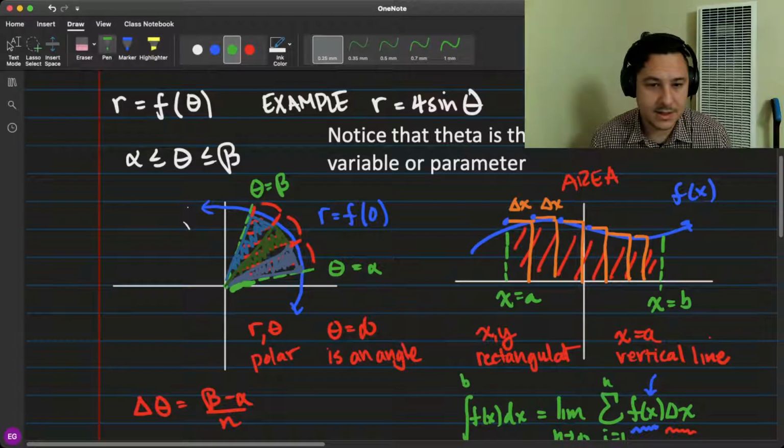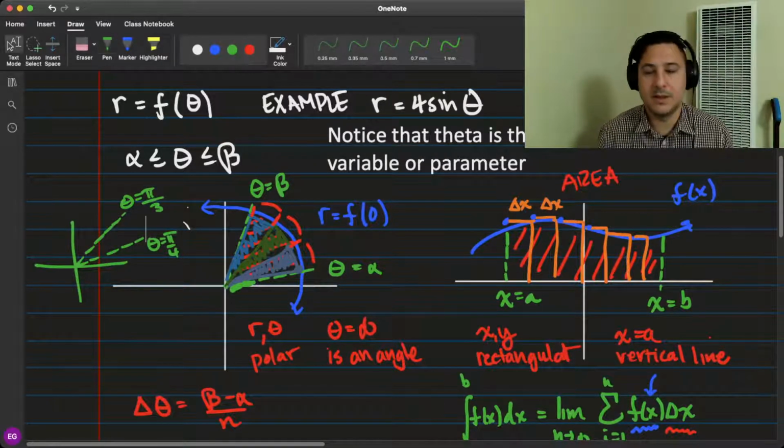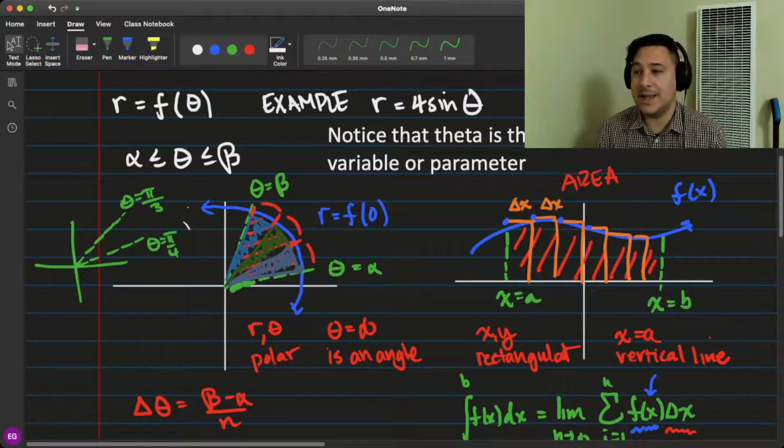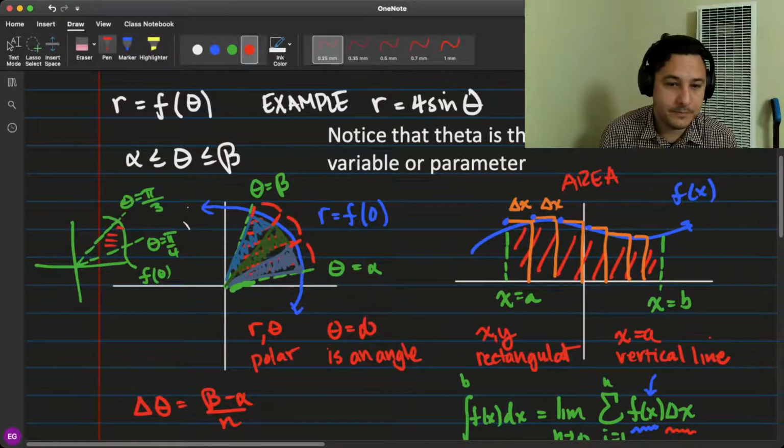If here's your axis, you draw out a little line like this, theta equals pi over 4, or theta equals pi over 3 or something. Those are sort of like the x equals a. You want to find the area between theta equals pi over 4 and theta equals 3, and then you have your f of theta that looks like this. You're interested in this region.